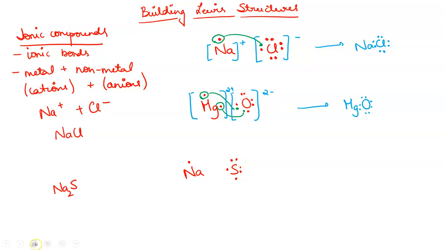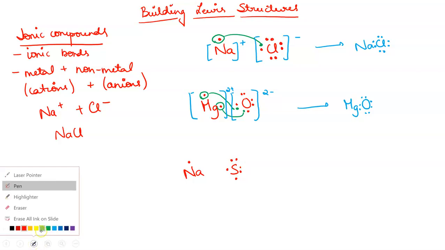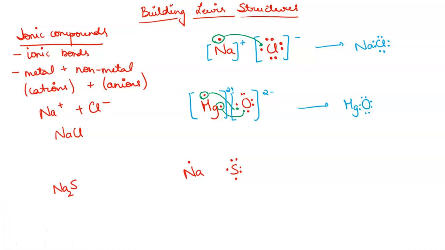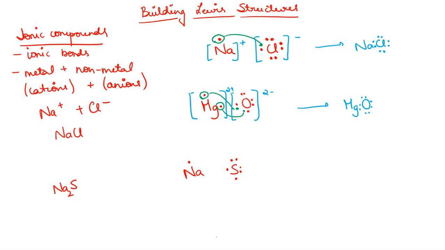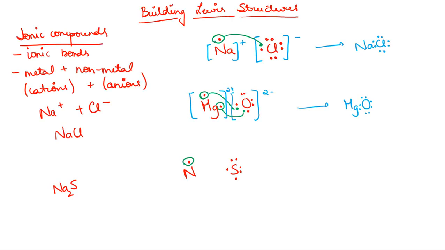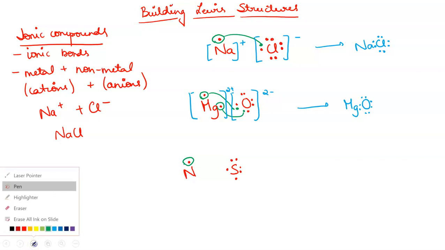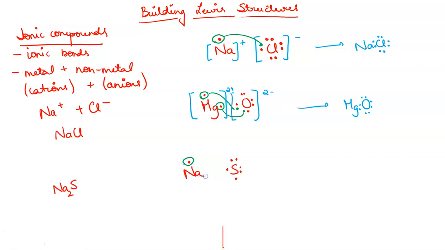Sodium we know has a charge of +1, so it can only give up a single electron. So it's going to be that single electron right here. This one's going to go to the sulfur. So this sodium is going to lose 1 electron and the sulfur is going to gain it.